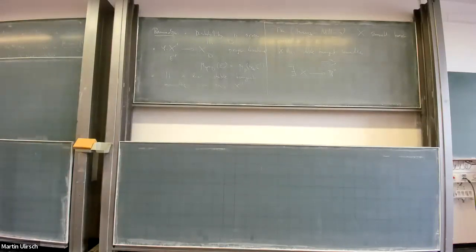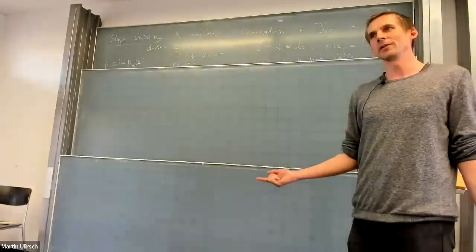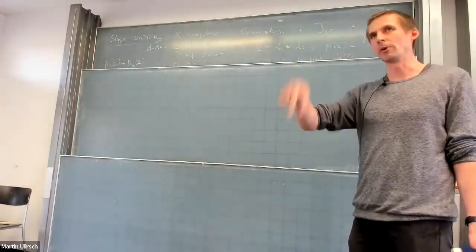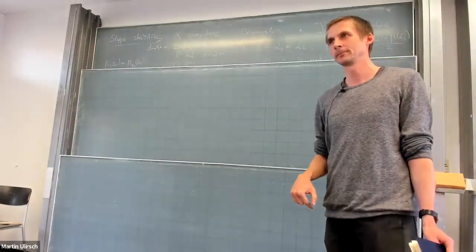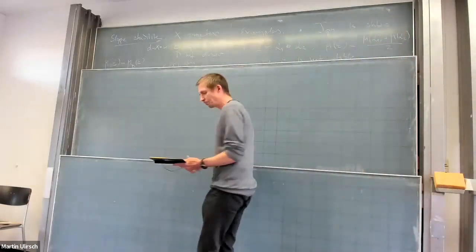So in particular, if you blow up P1 times P1, then the first blow up already has a blow down to P2. Okay.